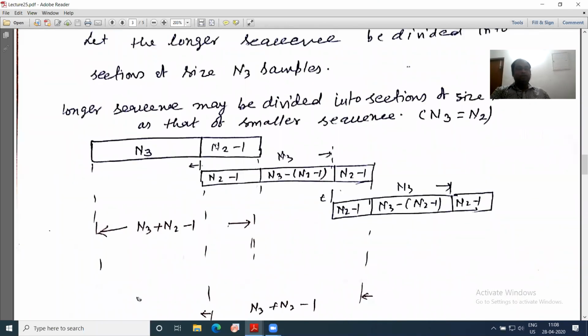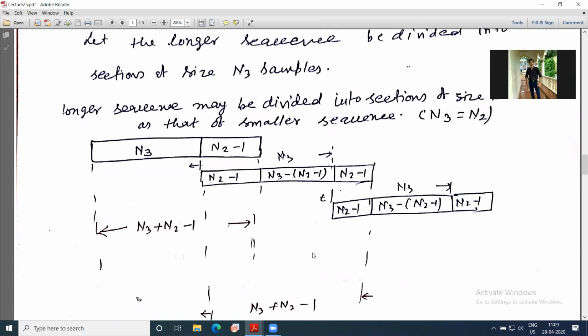N2 minus 1 length will overlap with the next section, and the next one again overlaps with the one after it. So there will be overlap.